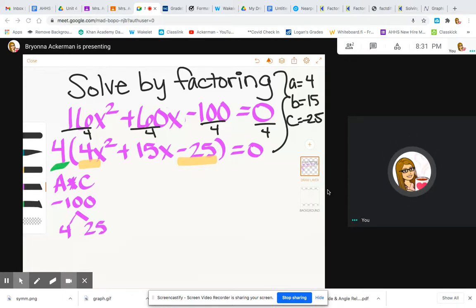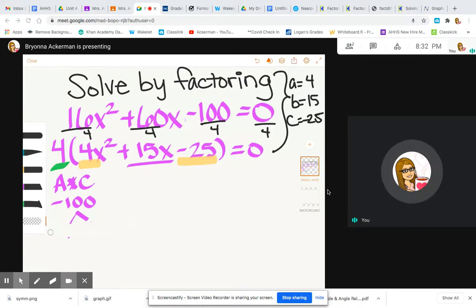And we would want the 4 to be negative, right? Because B is positive, which is 15. And so if I add these together, I get 21, which does not match. 21 is not B, it's not 15. So that is not the factor I'm looking for, so I got to keep trying.